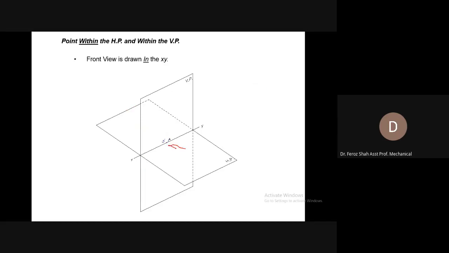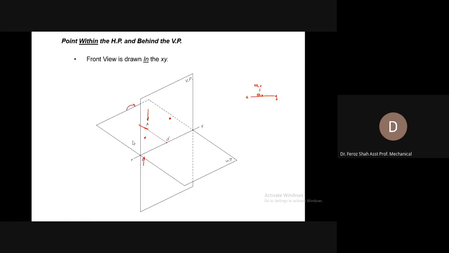Now this is the third position, that is within the horizontal plane and within the vertical plane. This is the position that this point can be reckoned with any of the four quadrants.